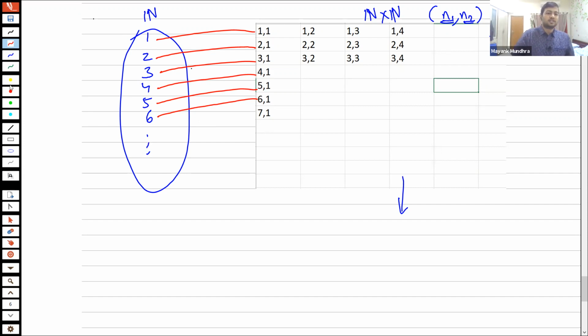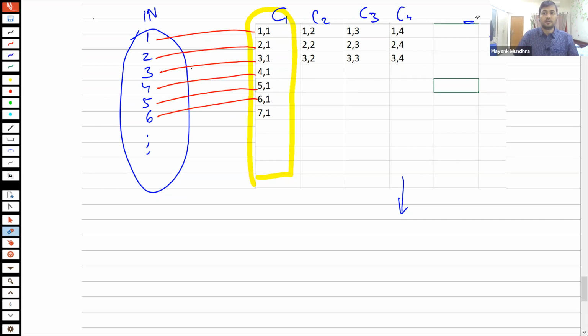So I'm saying that just this first column itself has the same cardinality as the set of natural numbers. Let me call this column 1, this is column 2, column 3, column 4, and so on.